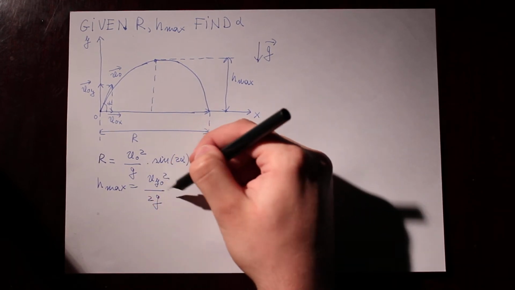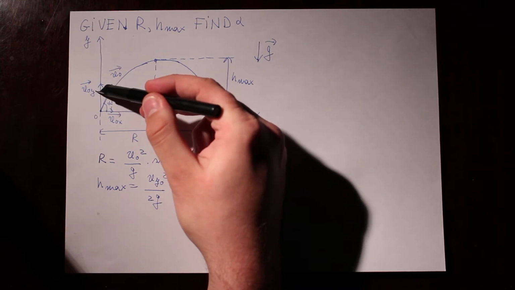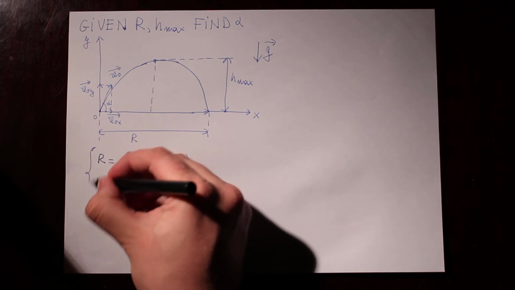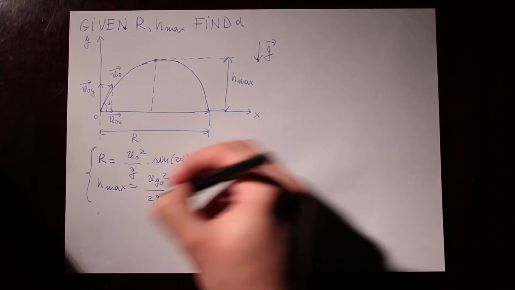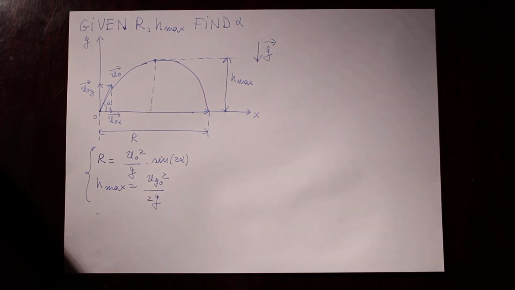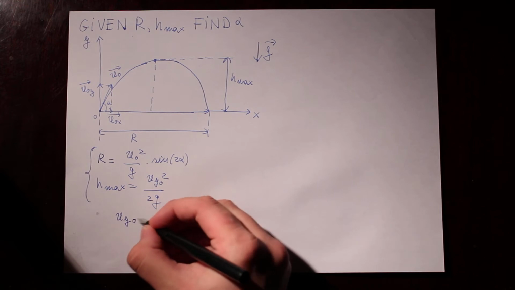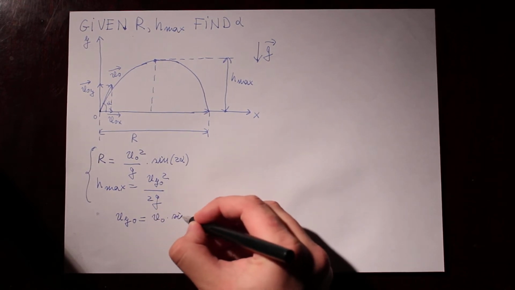Now v sub y sub 0 is the velocity on the y-axis, the initial velocity on the y-axis. Now, how do we find alpha out of this system right here? Well, we all know that v sub y sub 0 equals v sub 0 times sine of alpha.